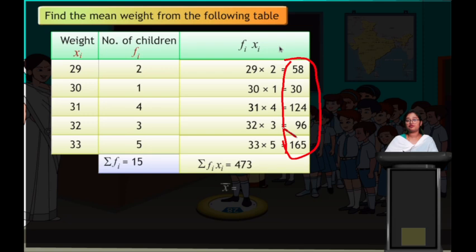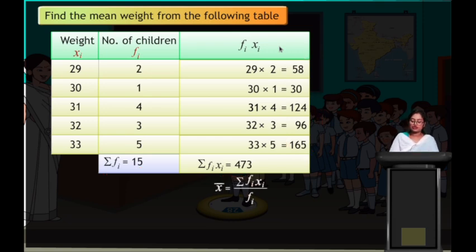So here we have found out summation fi and summation fi xi. So for this type of data, that means when the data are given in a tabular form, we have to use the formula, mean x bar is equal to summation fi xi divided by summation fi.